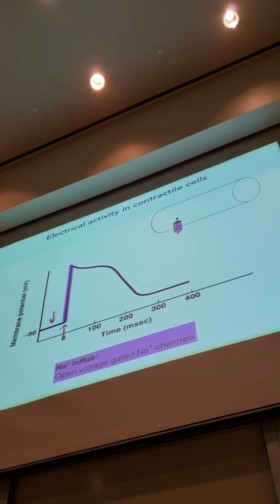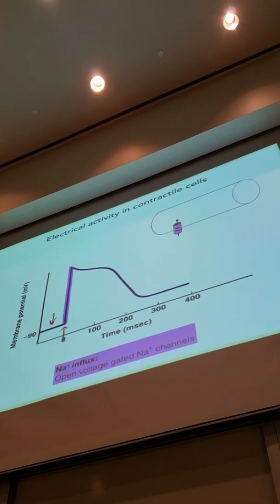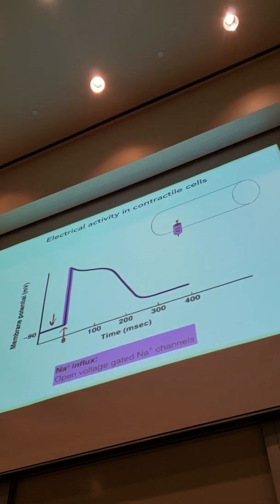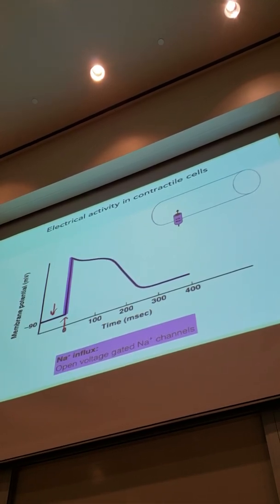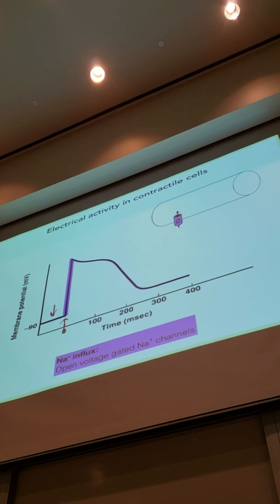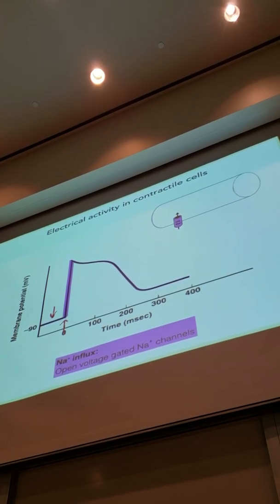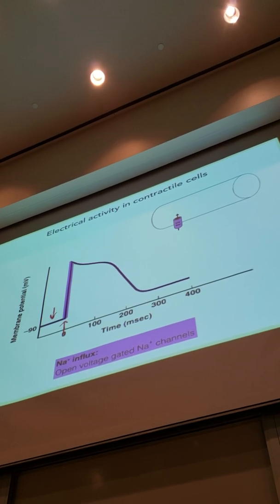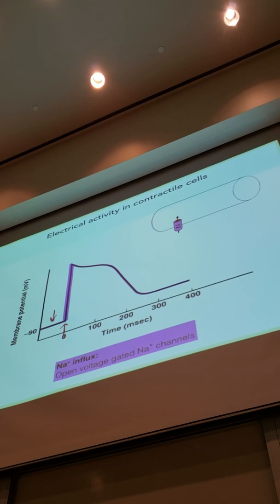It reaches threshold. It's going to reach a threshold, which is about -55, and then open. Where does that little bump come from that pushes it up to threshold? Yeah, the nodal cells.